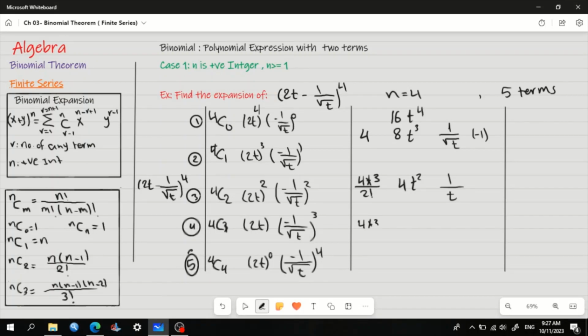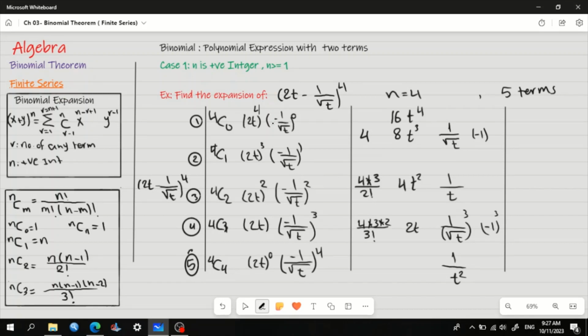So 4, 3, 2 by factor of 3, 2t into 1 by square root of t, power 3, and here we have power 3. Here the last term is 1 by square root of t to the power 4, so we have here t squared.